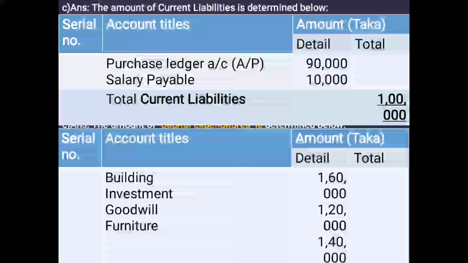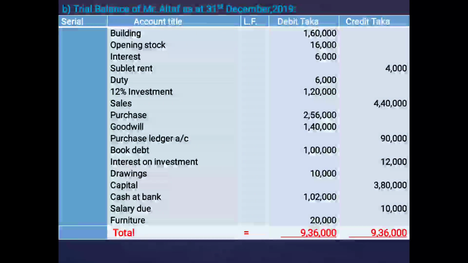So totally four items are available in this system. Number one is building for taka 1,60,000, investment taka 1,20,000, goodwill taka 1,40,000, furniture taka 20,000.